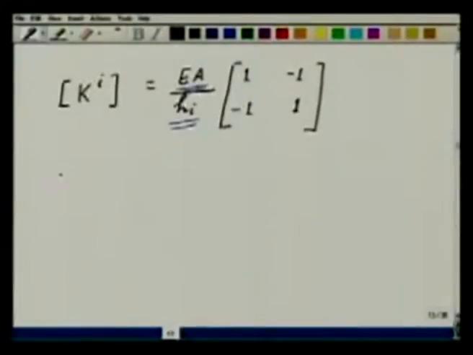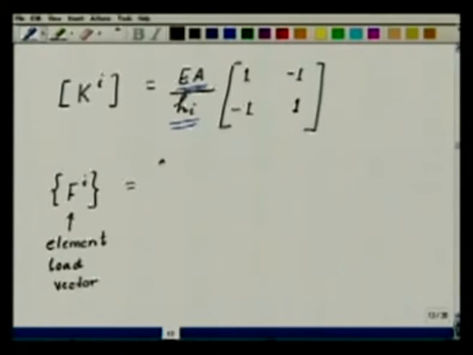Similarly, if I am looking at Fi, that is the contribution to the load vector, this is the element load vector.